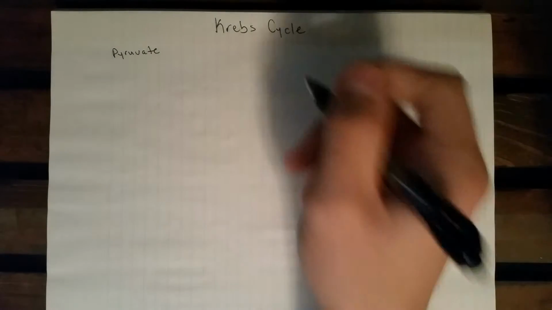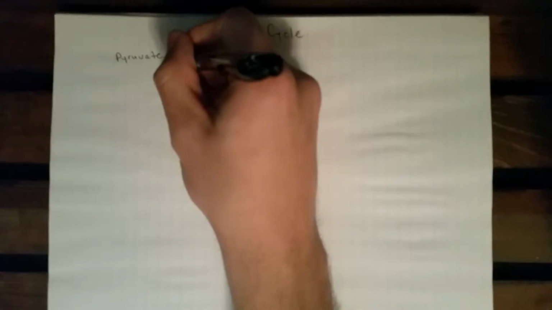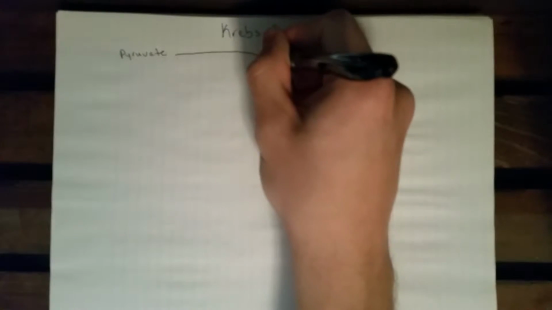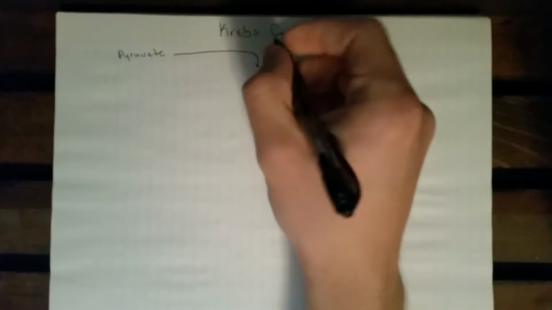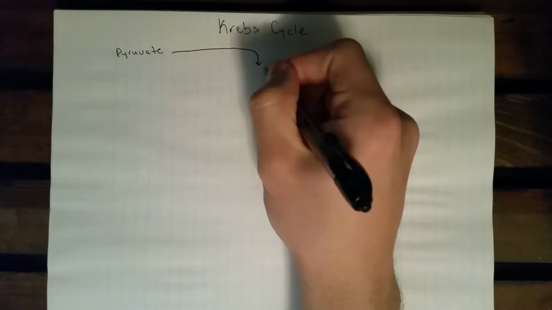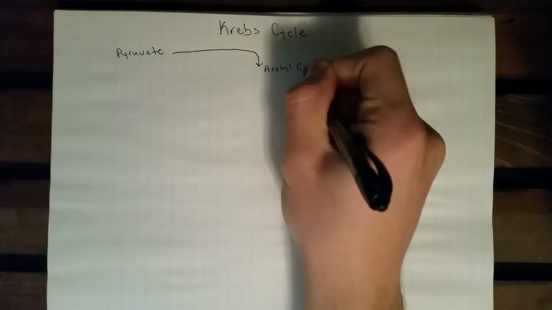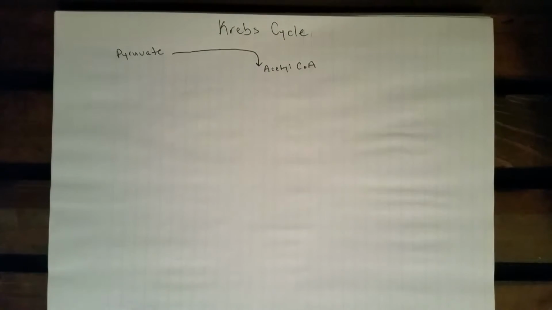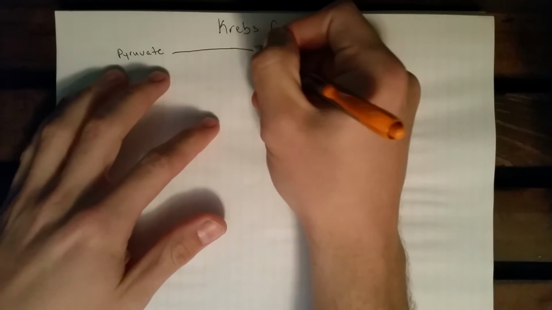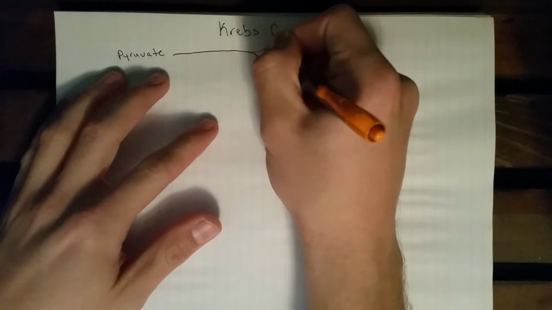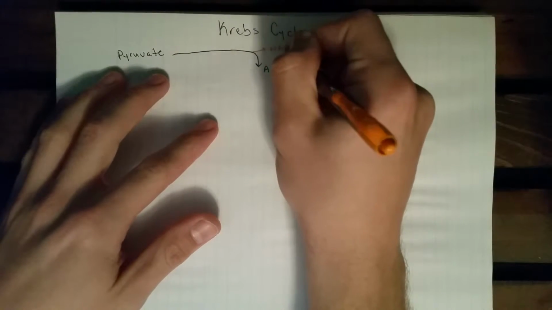So the two pyruvates will come down and create acetyl-CoA, and it will also get rid of, let's use orange here, NADH.